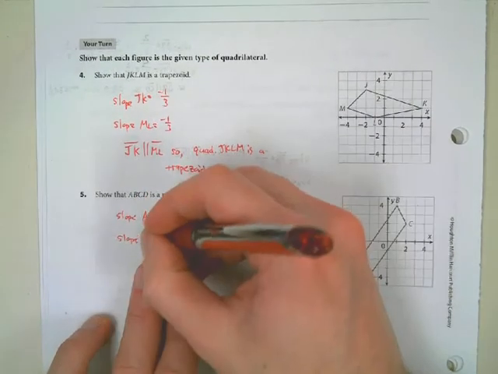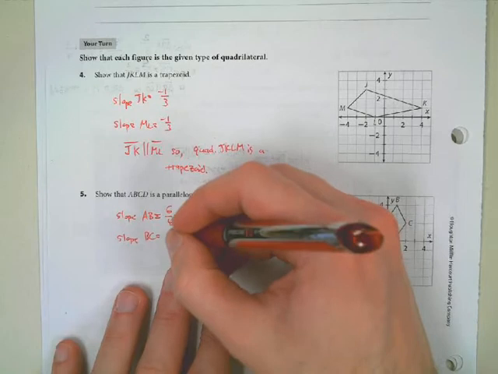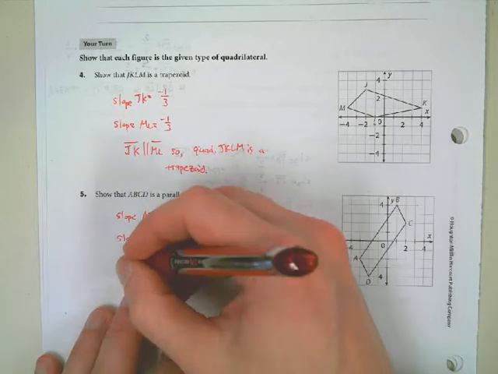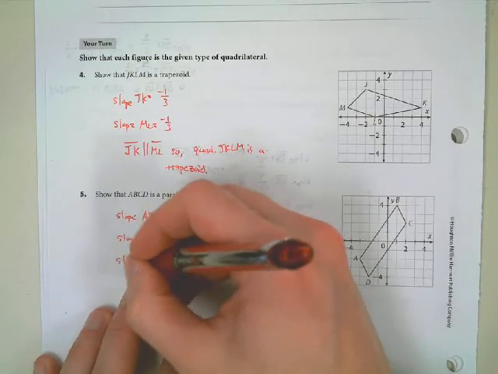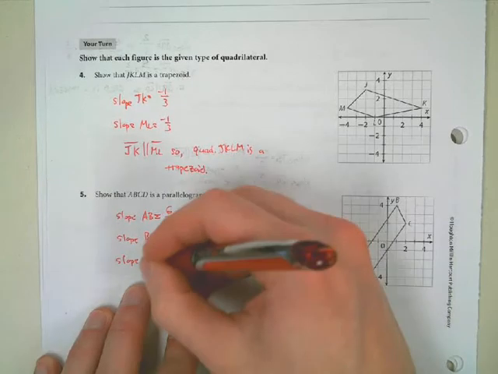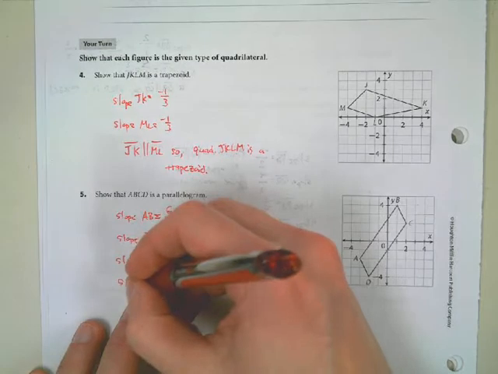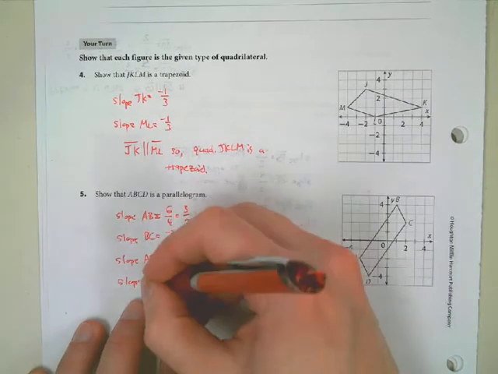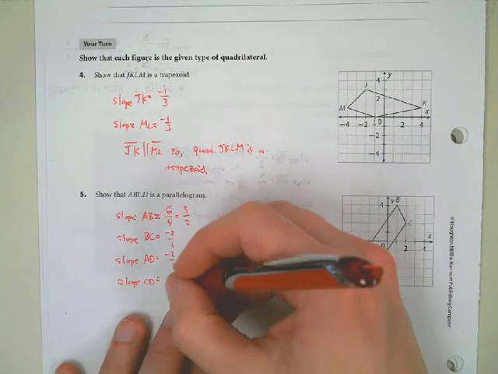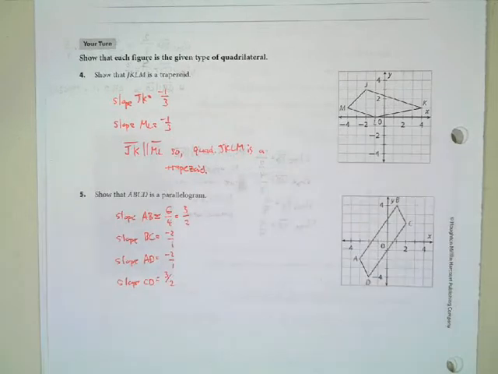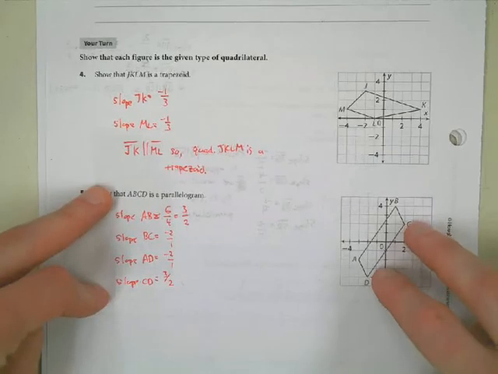I got -2/1. Slope of AD? -2/1. And then slope of CD? 3/2. Okay, very good. So AB and CD are parallel, BC and AD are parallel.